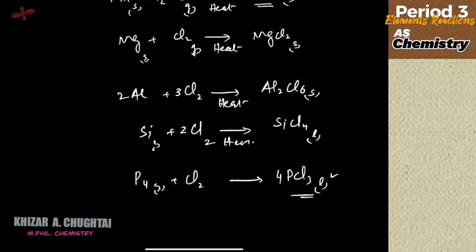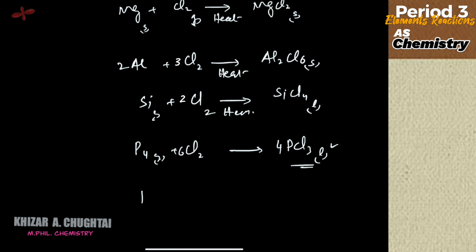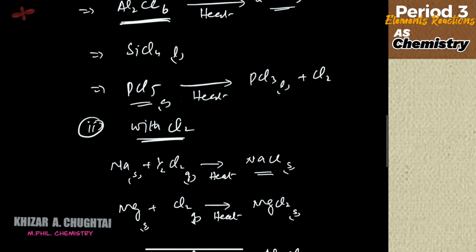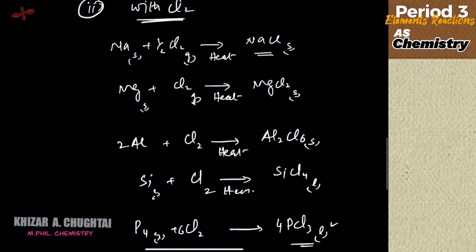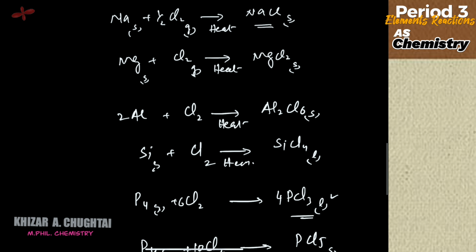For the sake of balancing, I'm going to put 4 over here and 6 over here. In case of excess chlorine, P4 solid is going to react with excess chlorine. This time it's going to make PCl5, that is a white solid. In this case, 10 moles of Cl2 have been used. So these are the reactions of period 3 elements with chlorine.